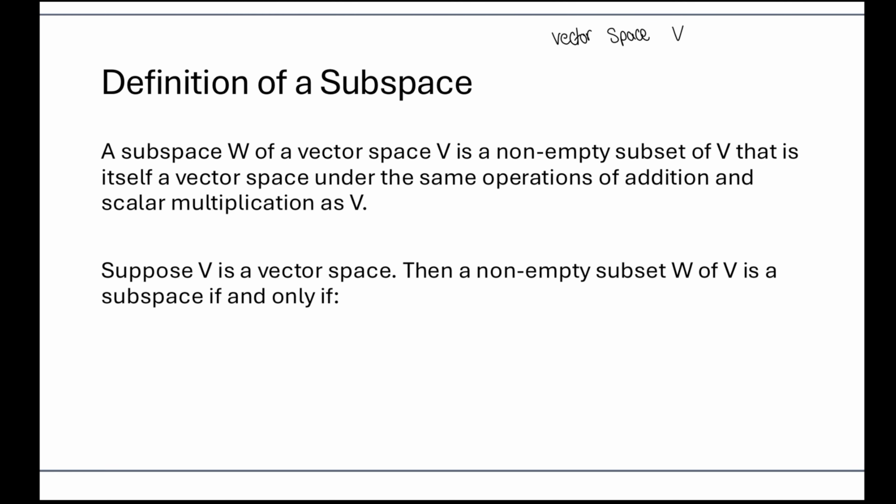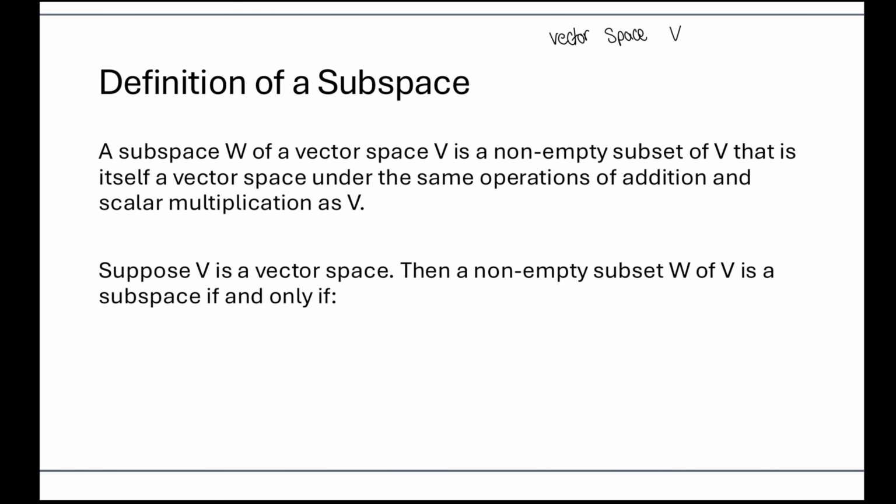We can take some vectors away from this vector space and we could have a subset W. This W is now a subspace if and only if it follows the two rules that we saw before.